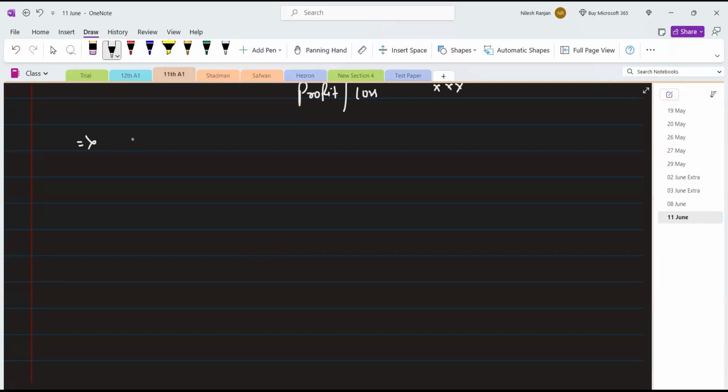Now there are different transactions in the accounting equation. Transactions in accounting equation. Now the first one is transaction affecting two items.